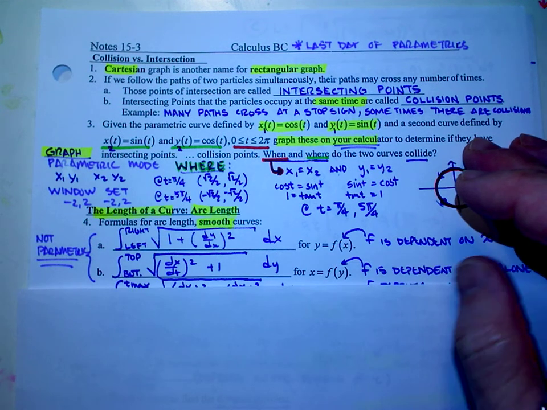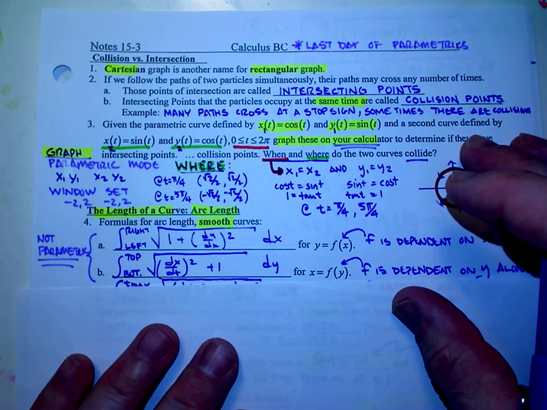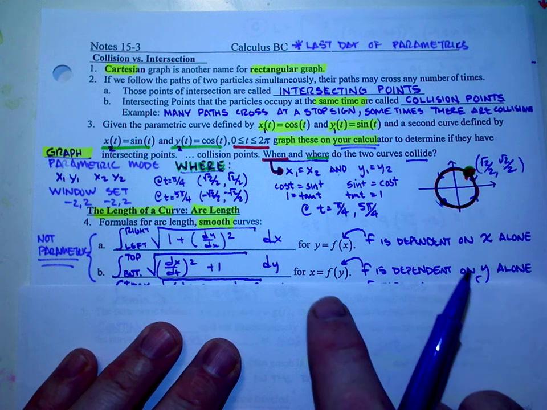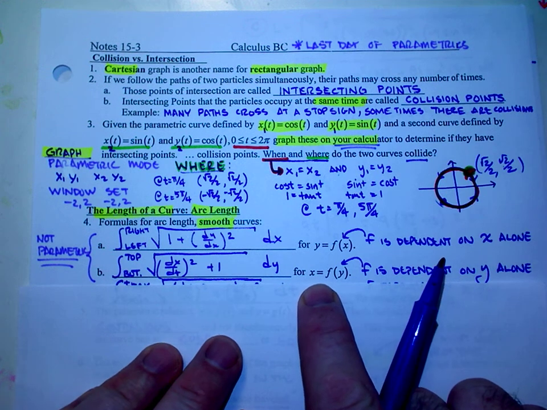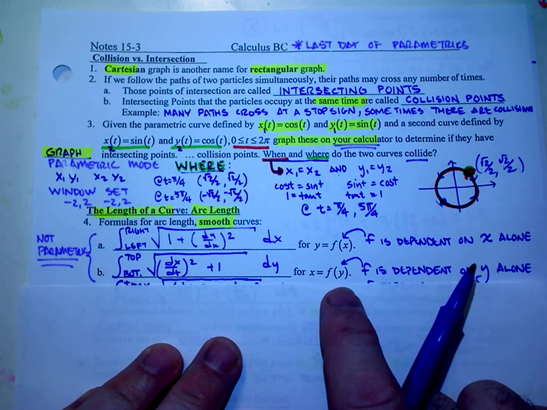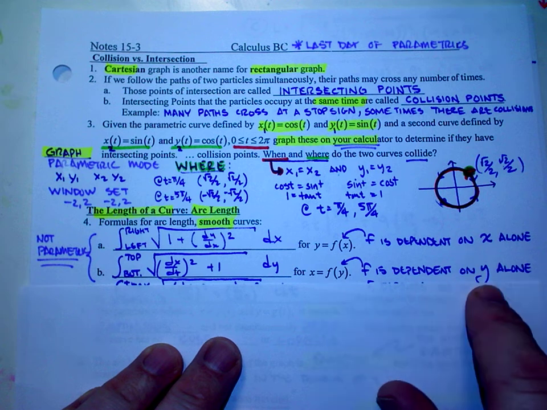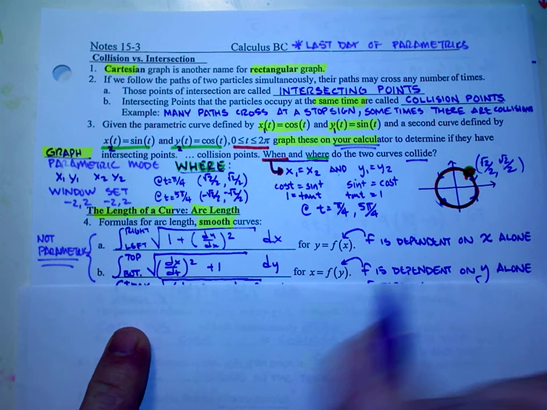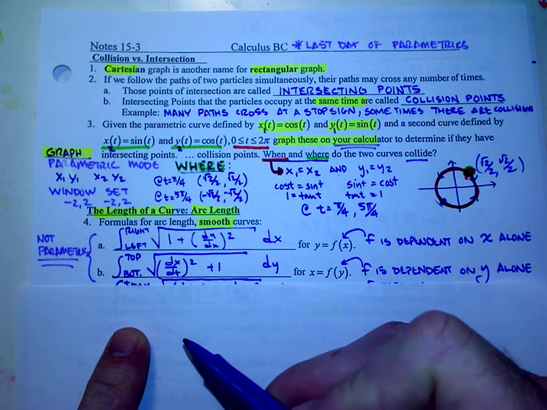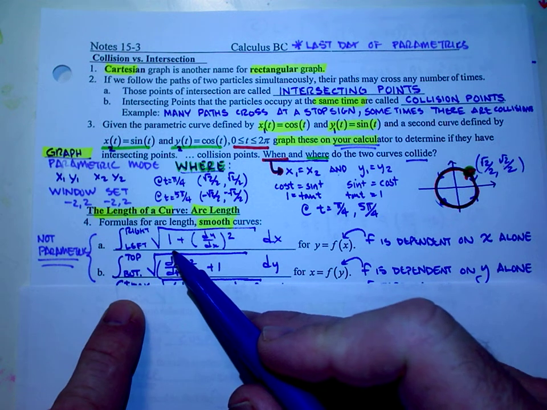In our other type, in this case, x is dependent upon some function, and it's dependent on y alone. In that case, we're going to integrate from the bottom y value to the top y value.